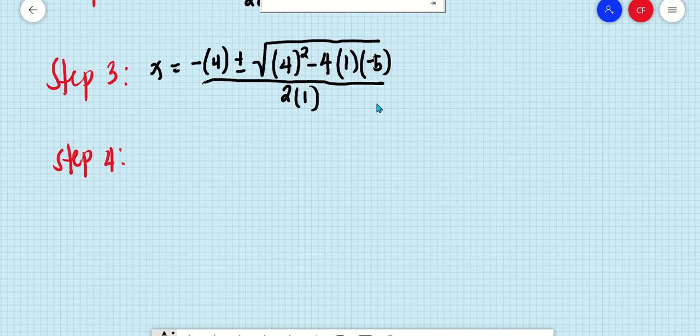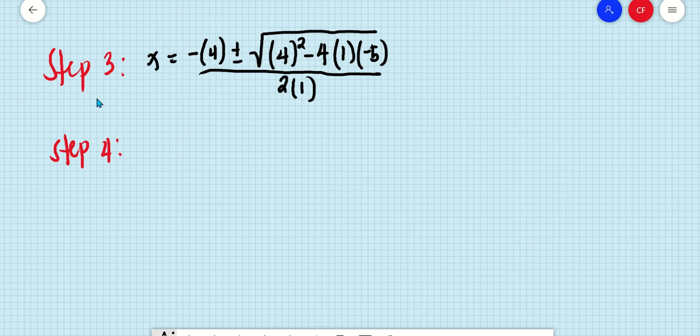Okay? Alright, so step number 4, syempre, sisimplify na po natin yung nandito sa step number 3. Okay? Again, simplify po natin na isa-isa yan. So, kopyahan lang po natin yung x equals negative times positive 4, that is negative 4, plus or minus. Okay?